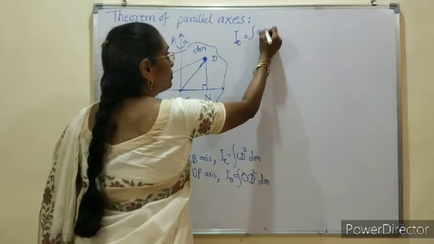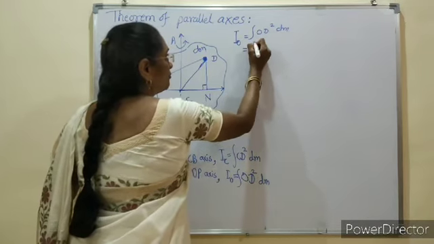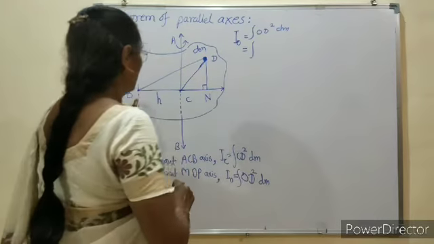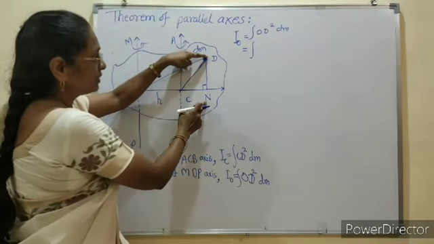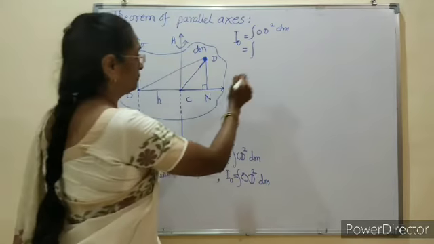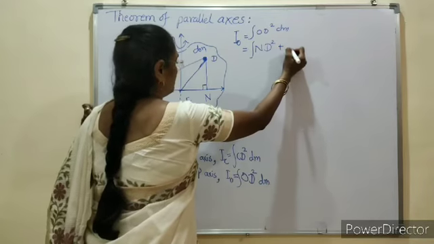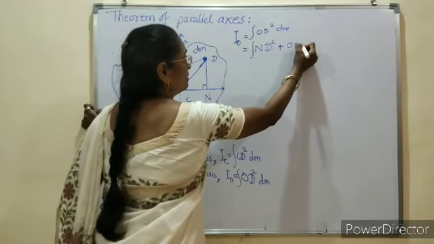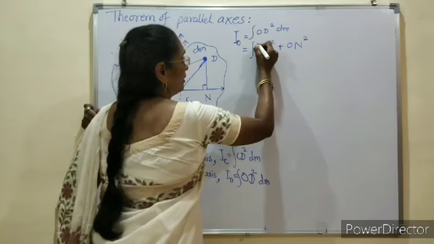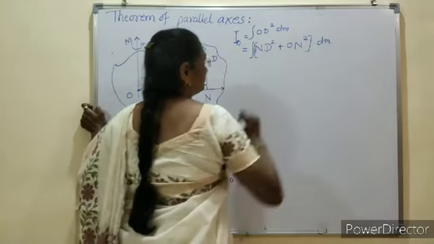Integration of OD square dm. OD square can be equal to ND square plus ON square, and this is multiplied by dm.